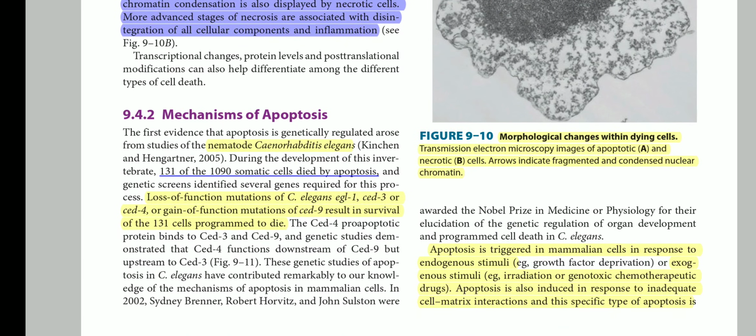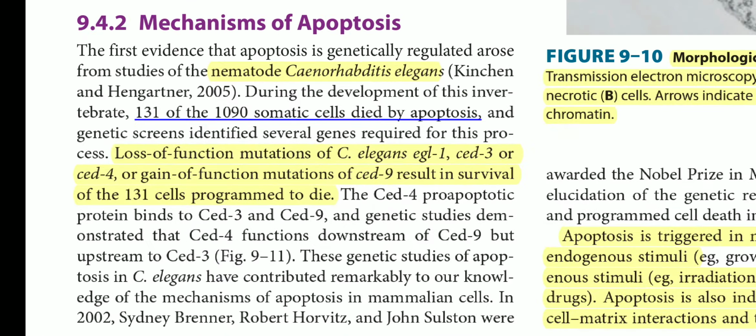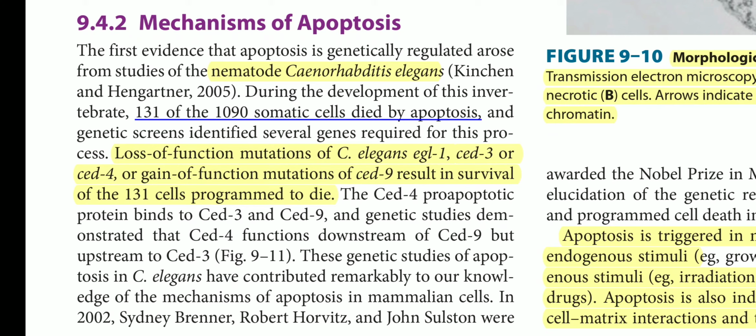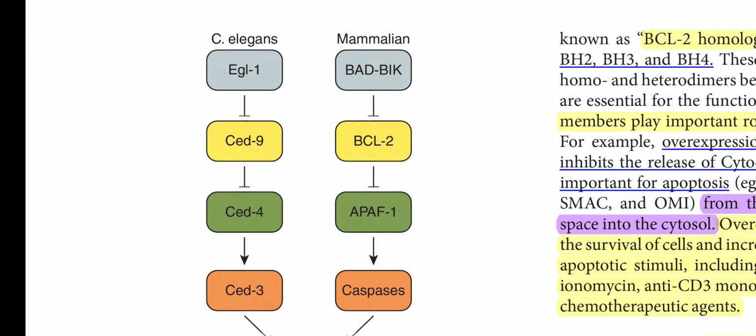So, the mechanism of apoptosis. The first heading is the mechanism of apoptosis. It was first discovered in C. elegans. Loss-of-function mutation of EGL-1, CED-3, CED-4, or gain-of-function mutation of CED-9 results in survival of the 131 cells programmed to die. The simple thing these pictures tell is, forget about mammals.